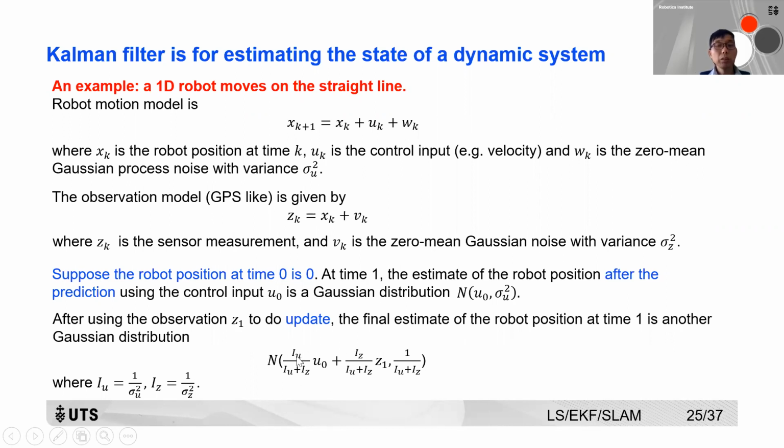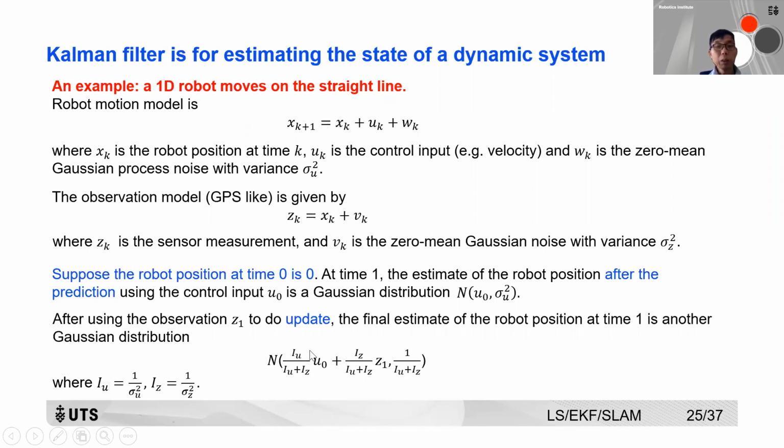So the new updated value is the weighted average, and the weights depend on the information. We also have a variance, which is just the inverse of the total information.